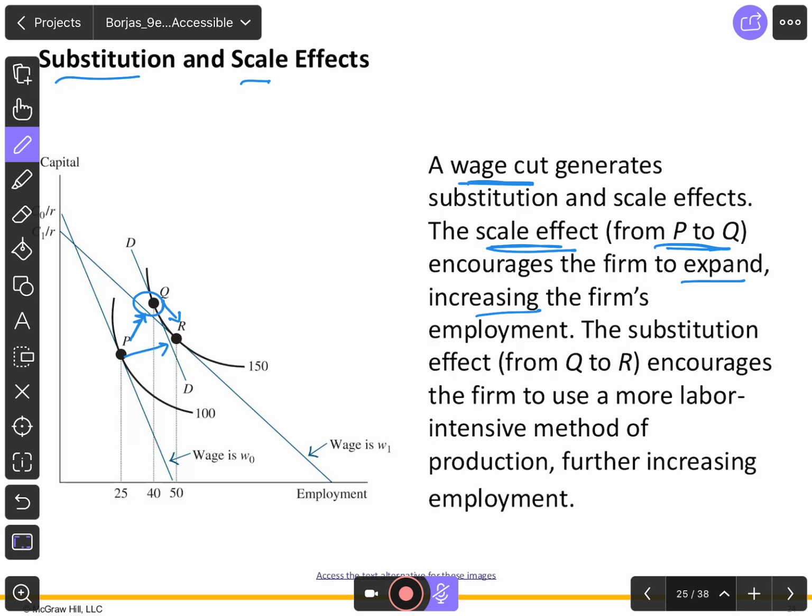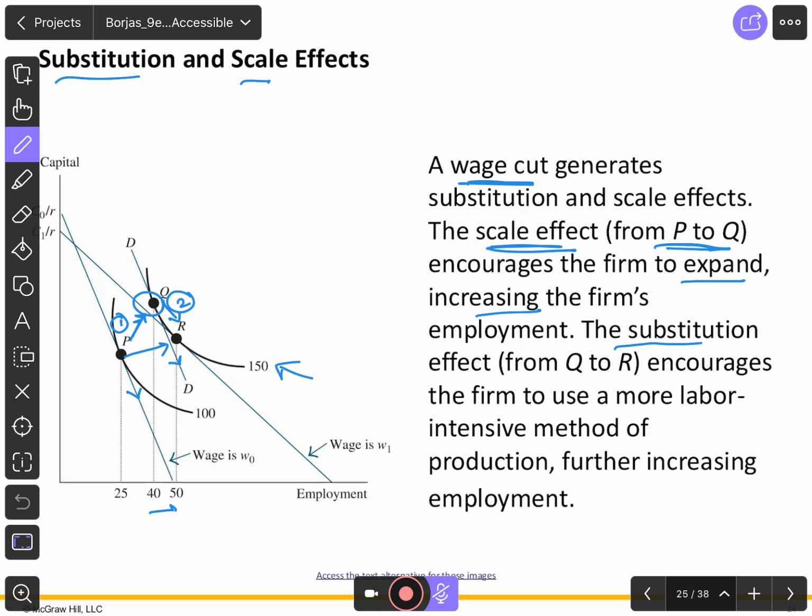That's why we see the same parallel isocost line, because there is no change in wage here. This is just a scale effect, a pure increase in production from 100 to 150. I want you to notice that this is movement number 1, and this is movement number 2. Although they are on the same isoquant curve of 150, they have different levels of employment of workers.